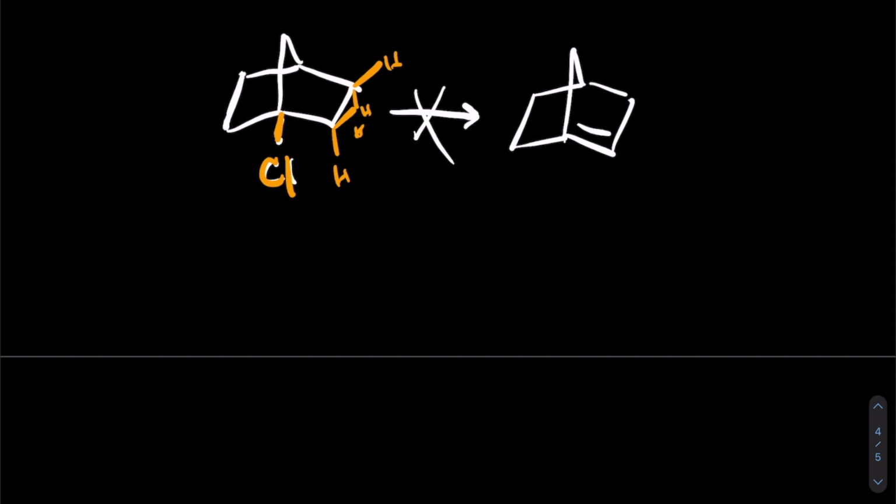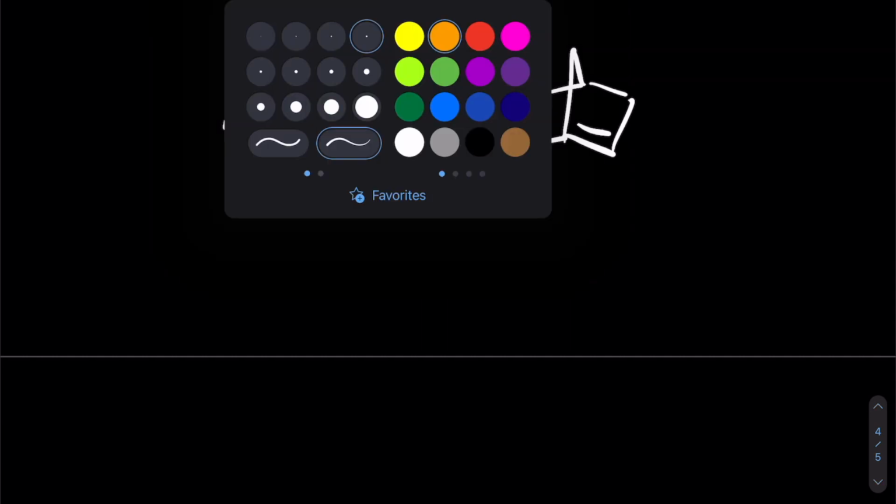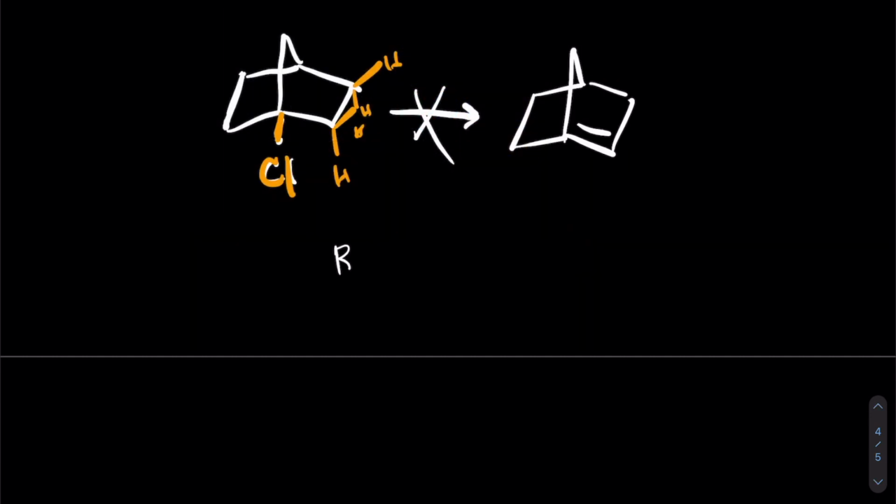The reason actually, beyond just E2, you can't actually make the chloride and the hydrogens overlap appropriately. You can't even do an E1 elimination to form a double bond at the bridgehead position of a bicyclic system. This is actually called Bredt's rule.